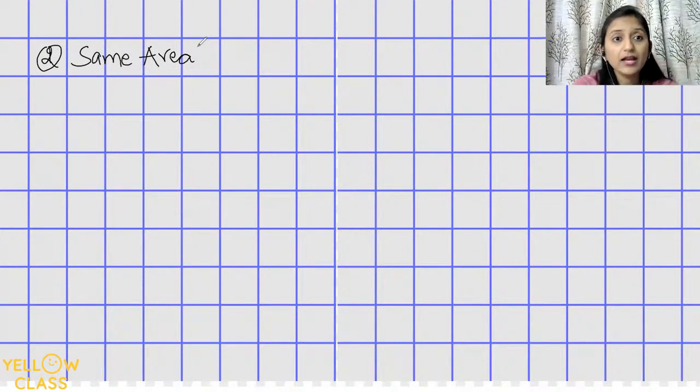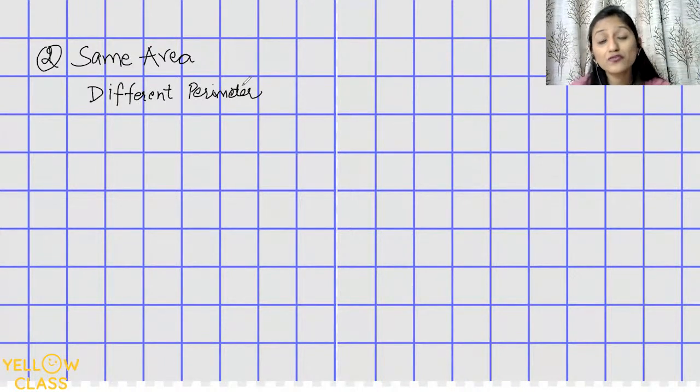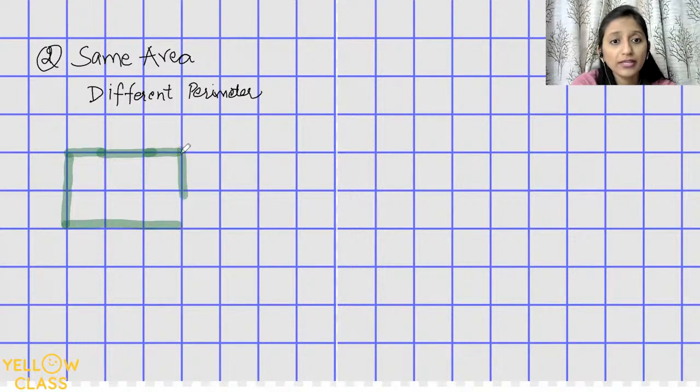Yes, so the same area, and now obviously the perimeter could be different. So now we will focus on area, and area means the number of squares that we can occupy, right? So let's try to occupy in 2 different shapes the same number of blocks, right? Okay, so if I occupy here 6 blocks, I can occupy in so many different ways, isn't it?